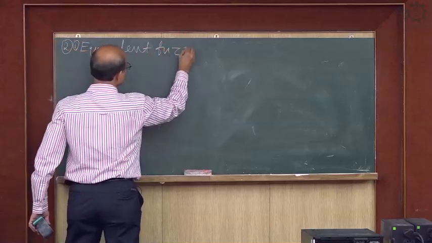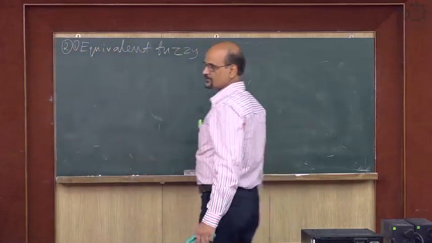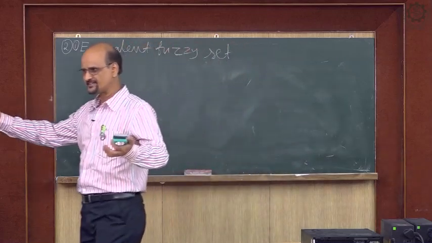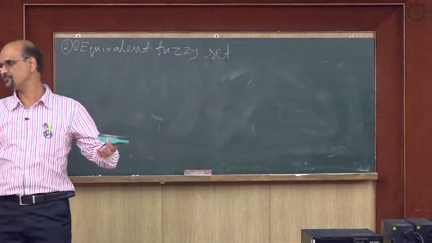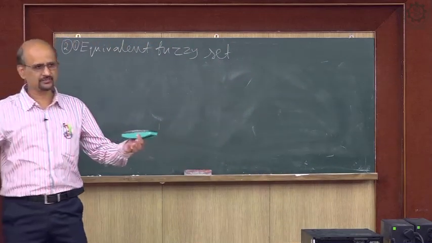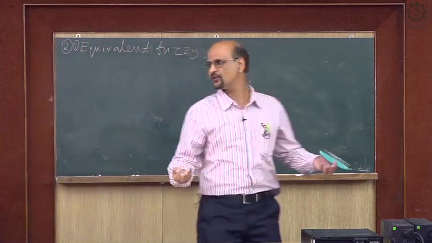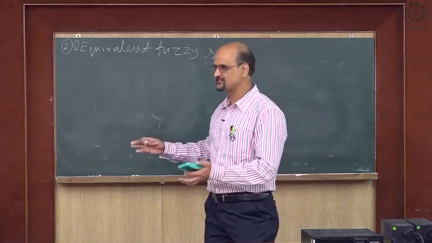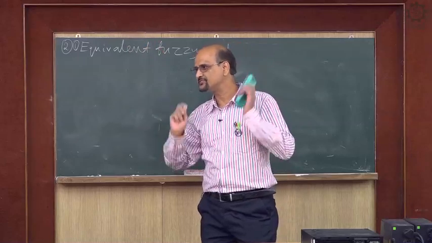Equivalent fuzzy set. So, if it is equivalent, you should have two fuzzy sets. Suppose I have two fuzzy sets A bar and B bar. I want to see whether A bar and B bar are equivalent or not. So, naturally, whenever I am talking about fuzzy sets, you should look at the membership functions.